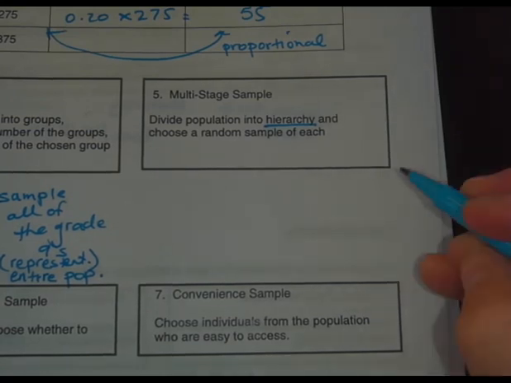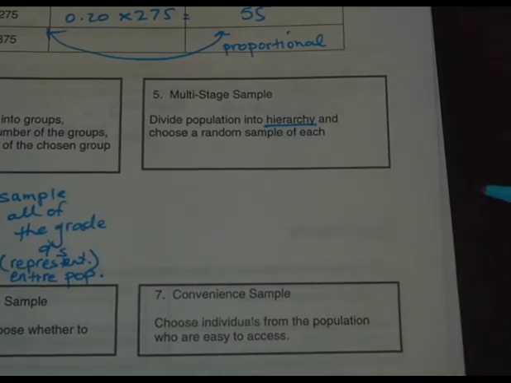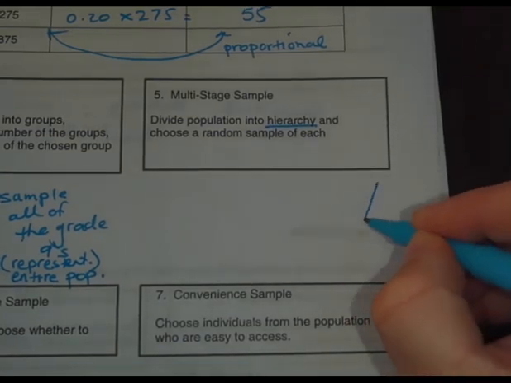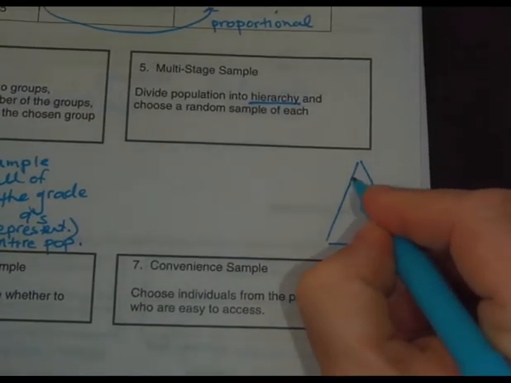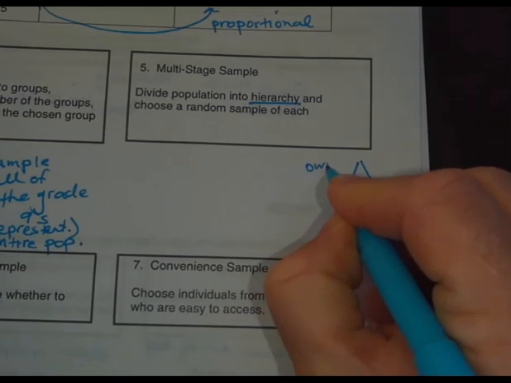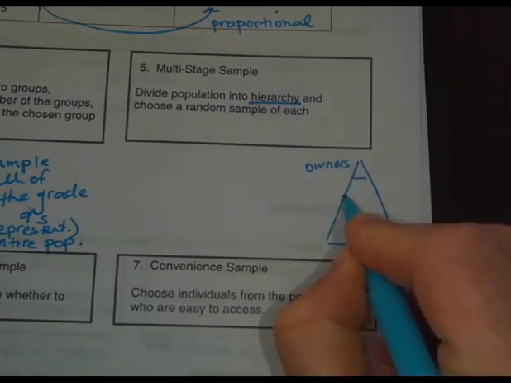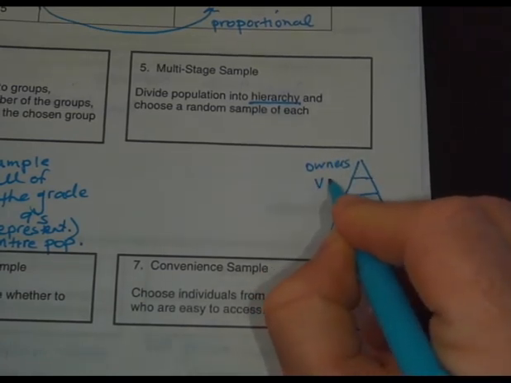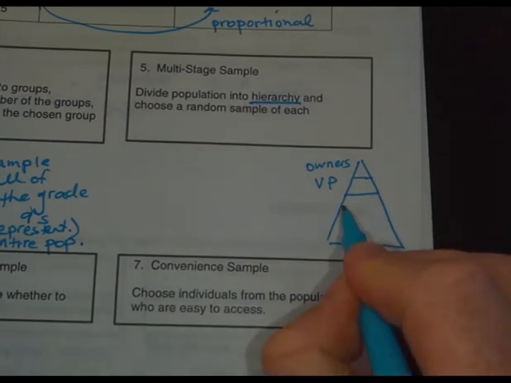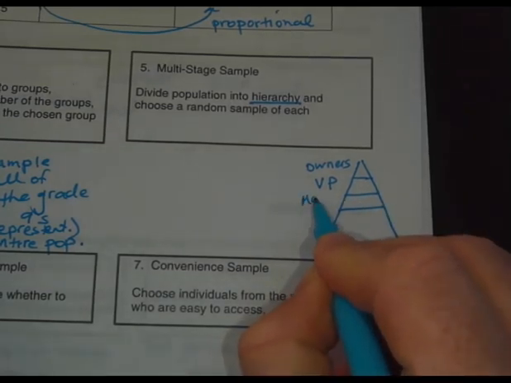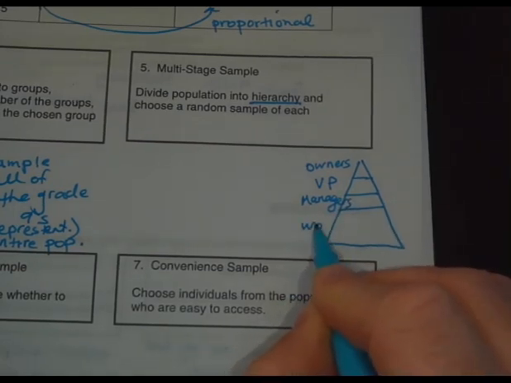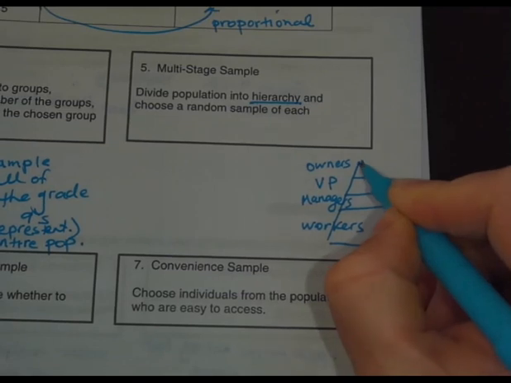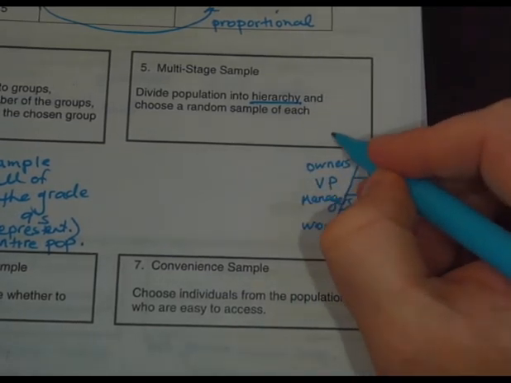If I was looking at a business, at the top I have the owners, and then maybe our VPs, and then each VP has managers, and then each manager has to look at the different workers. This is what a hierarchy is.